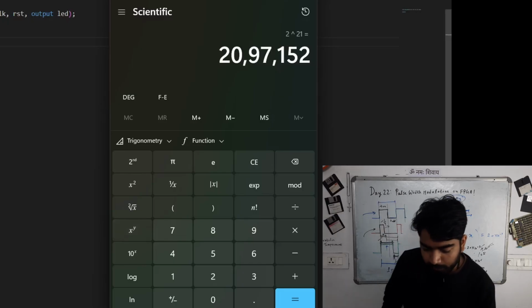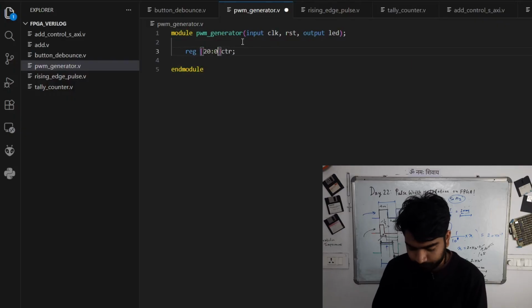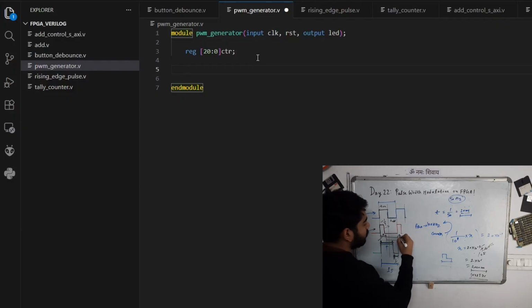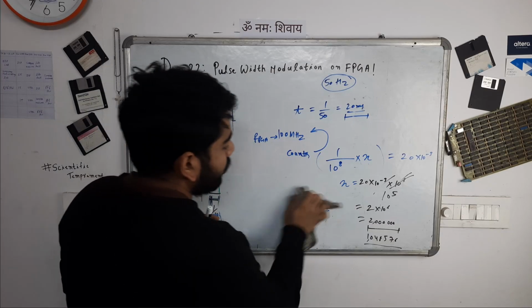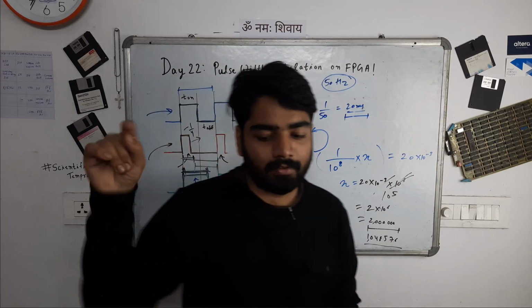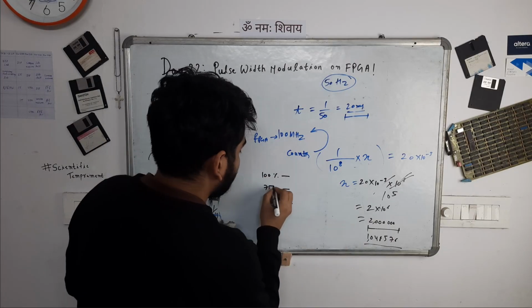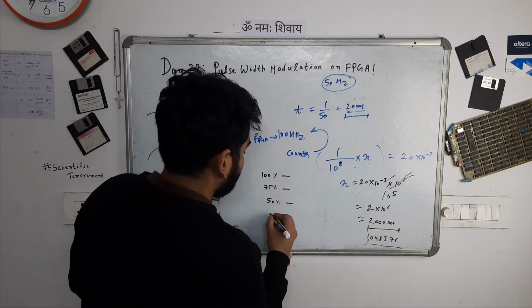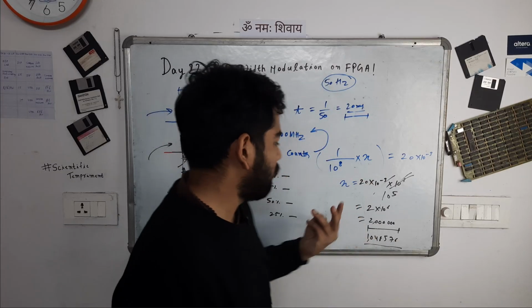So let's code it in here. We'll have a counter which will be 21 bits long. Based on this counter, we need to toggle the signal high or low depending on how much of a duty cycle we want. I'm going to implement a few duty cycles in this module only: 100%, 75%, 50%, and 25%. 0% will have the LED off only, so let's not do 0.